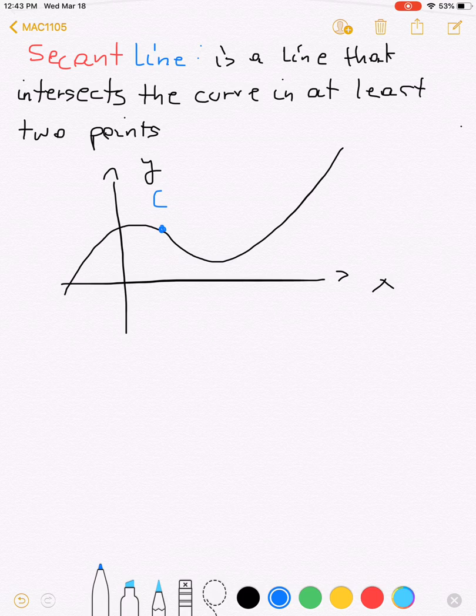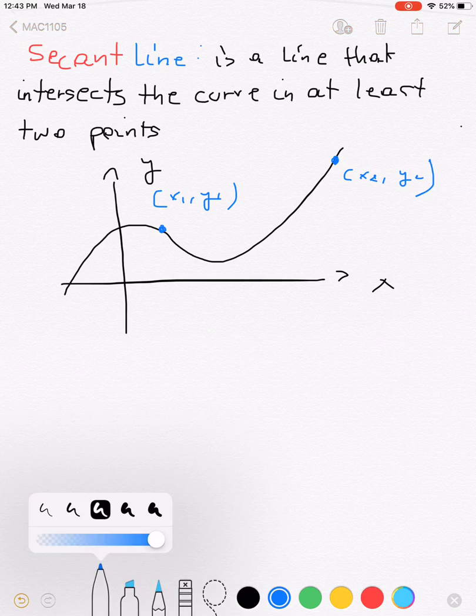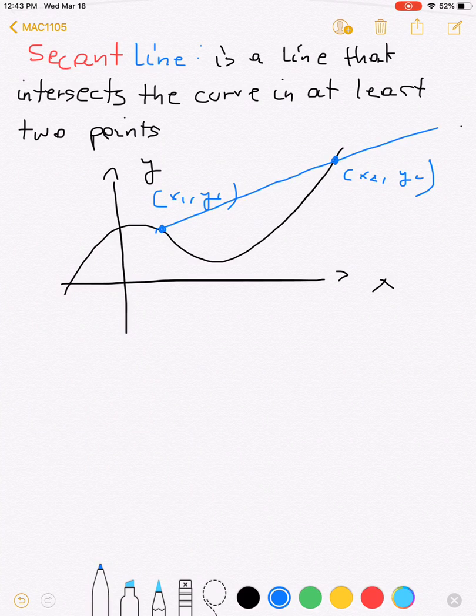This point will have coordinates x1, y1, and this one will have coordinates x2, y2. Okay, and the secant line, again, is a straight line which intersects the graph at those 2 points. So this straight line is a secant line.